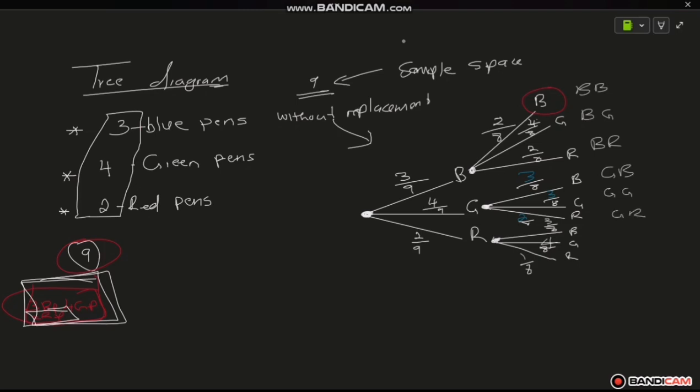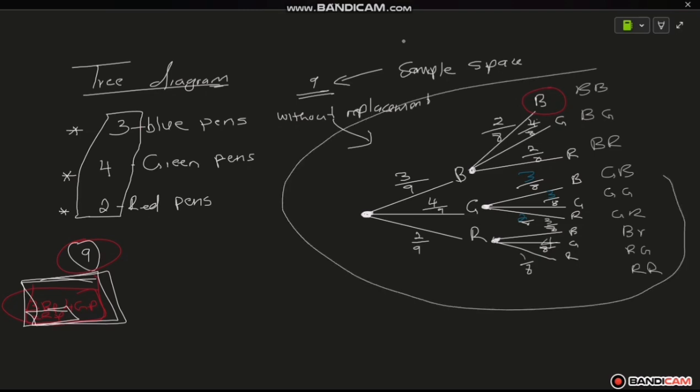GG, GR, BR. RG, RR. Then you leave it like this, because there might be a question that they might ask, that you must actually have something like this in your book.